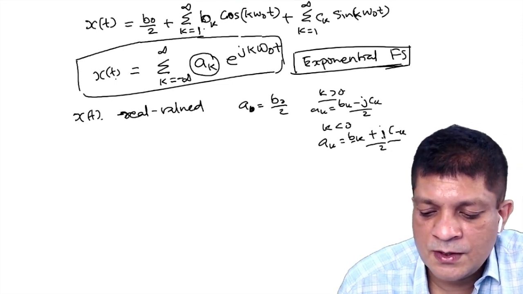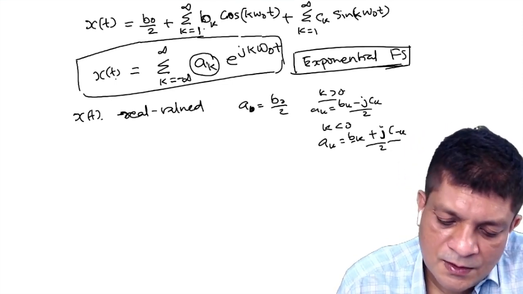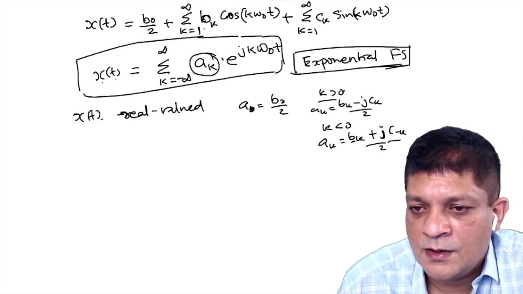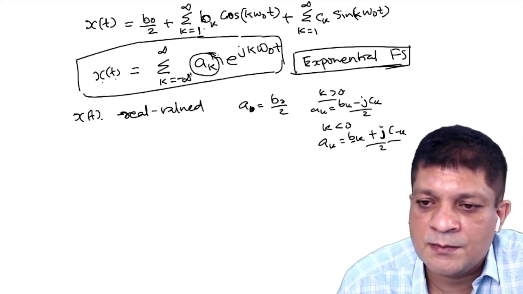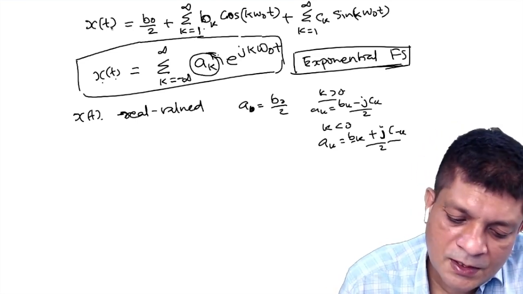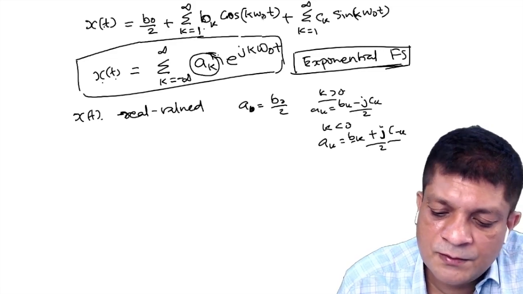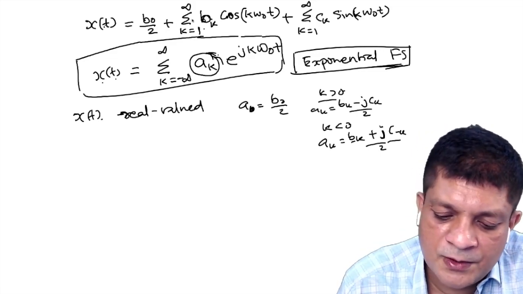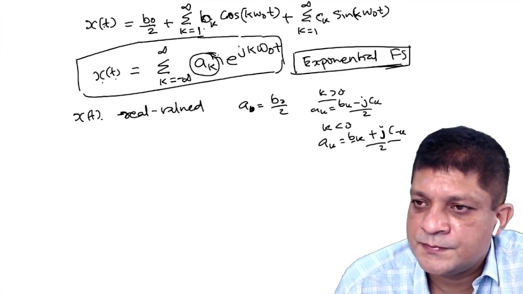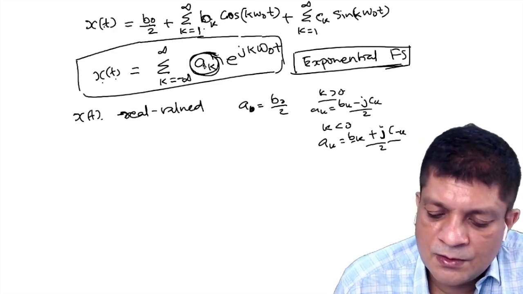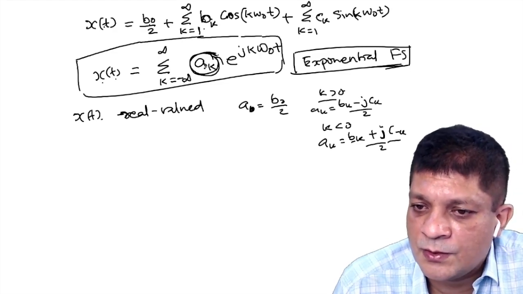So because of this, even if x(t) is real, it is not necessary that a_k are real. In some cases it will be real, we'll discuss that later on. But for a real valued signal, the coefficients b_k and c_k are always real valued. These are called the Fourier series coefficients, b_k and c_k. And here, this a_k is called the exponential Fourier series coefficients.